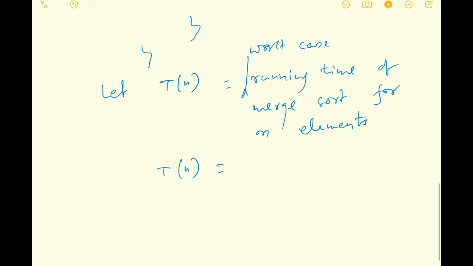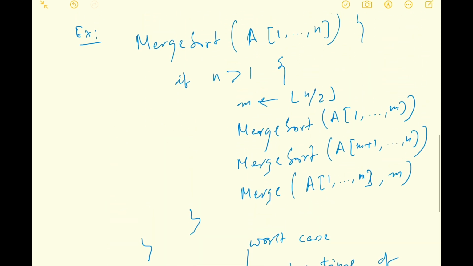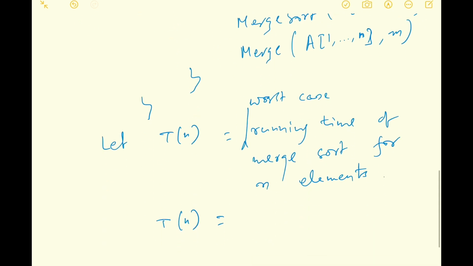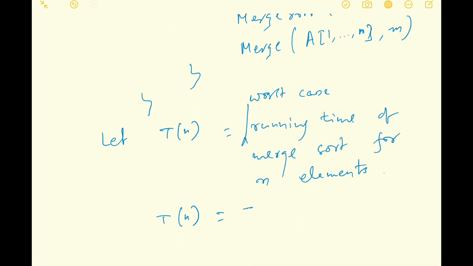It makes two recursive calls to merge sort. In the first recursive call, we pass an array of size m, which takes time, by definition, t n over 2.